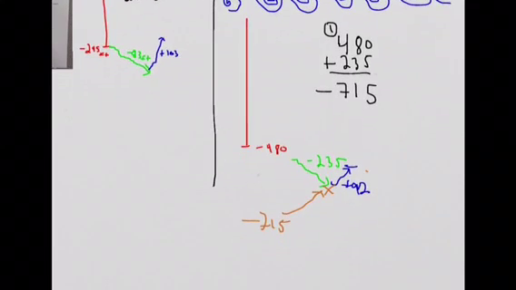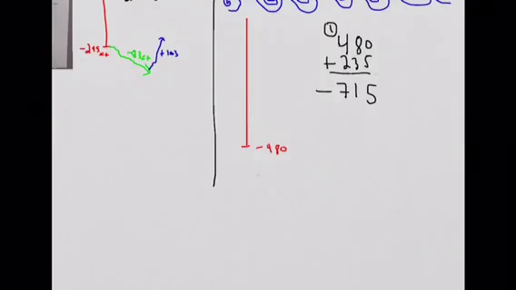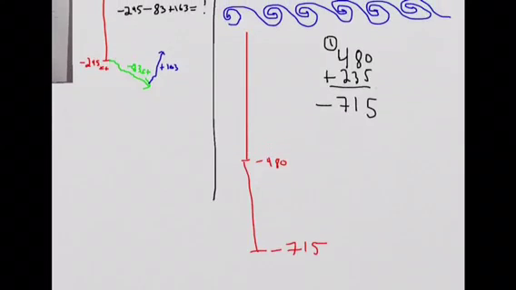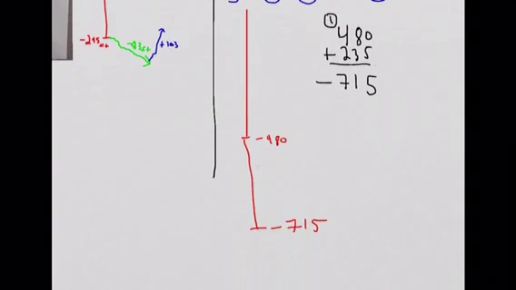Now I'm going to add 92. So I erase all this. I go further down, and I'm at negative 715. Now I'm going to go up 92 feet.